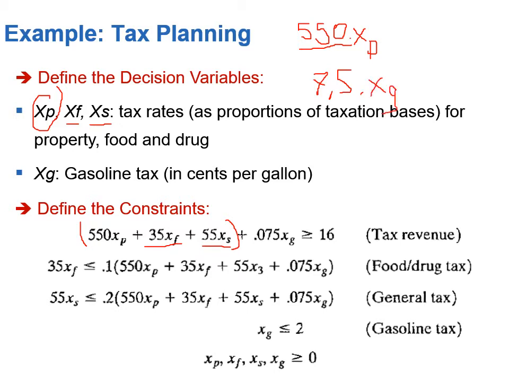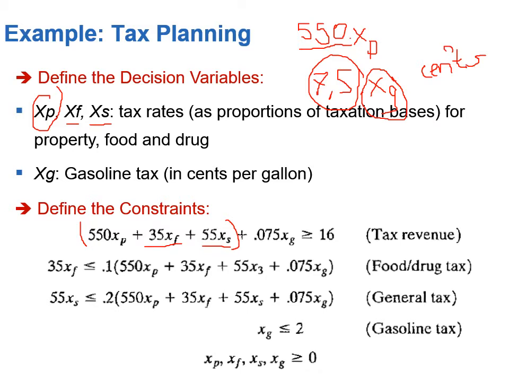So this is the total number of gallons used in a year, and XG is the cents of tax that we are collecting per gallon. But when we multiply these two, the result is in cents, because XG is defined as cents per gallon.